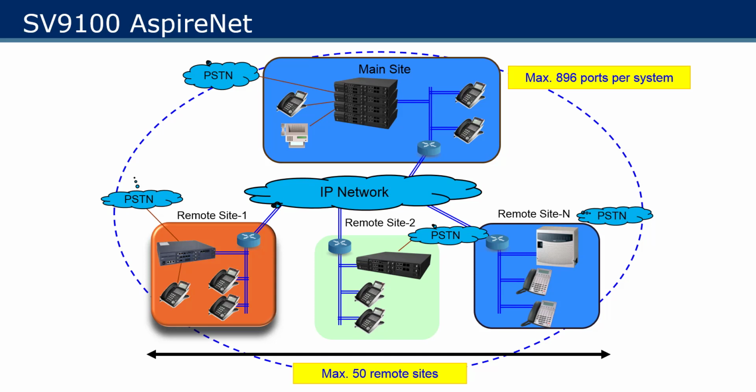Now, each site will need to have a router, and you can actually see the routers here. There's a router on each site. And these routers will need to be QoS routers, quality of service routers. Now, some of you may be new to the industry and have no idea what I'm talking about here, so let me try and explain in simplest terms.